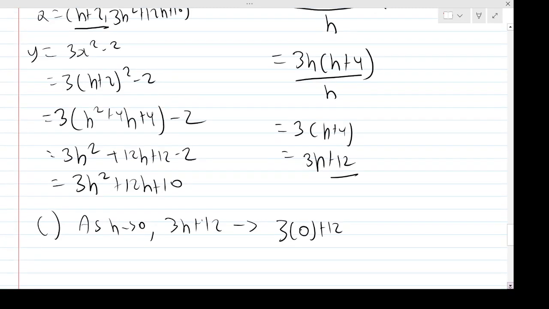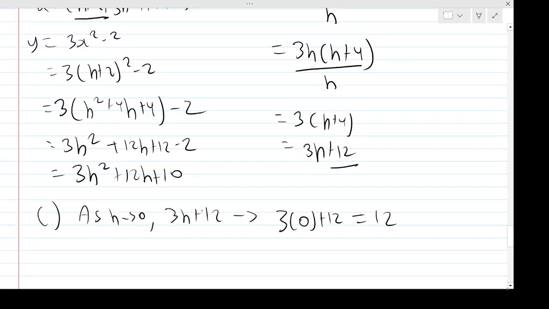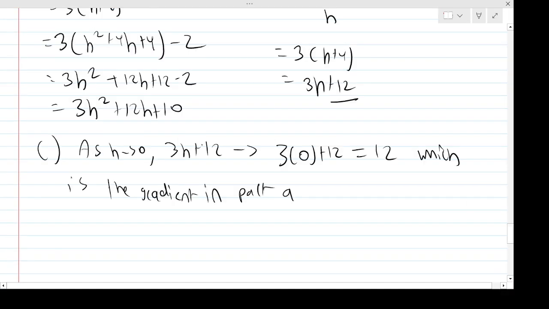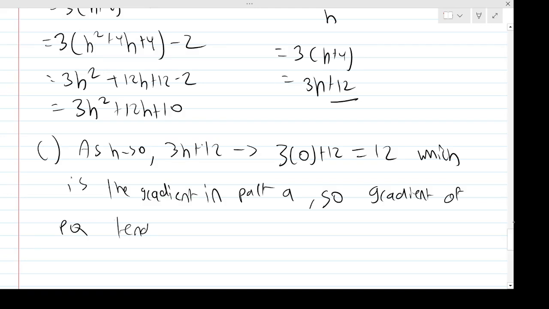So we have 3 lots of 0 add 12, that is 12, which is my answer to A, which is the gradient in part A. And so the idea then is that the gradient becomes accurate, right? And so again, the gradient of PQ tends to the gradient of the tangent, okay?